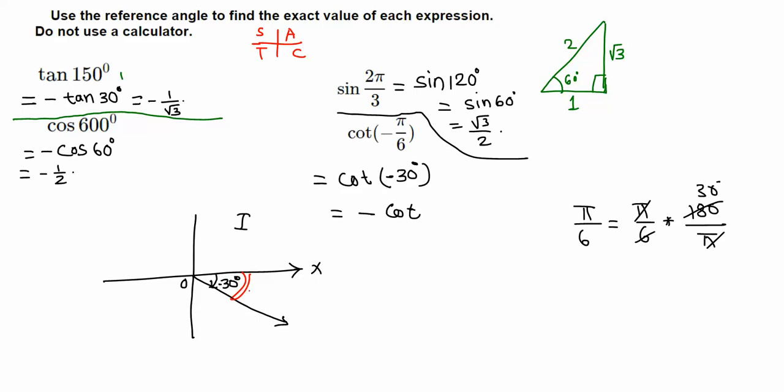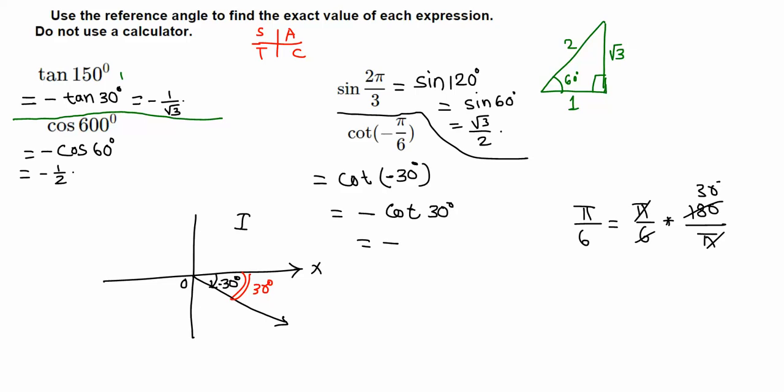For reference angle we always take positive, so this will be 30. For negative 30 degrees, the reference angle is 30 degrees. Since negative 30 degrees is in the fourth quadrant, we have this negative sign, so negative cotangent 30.